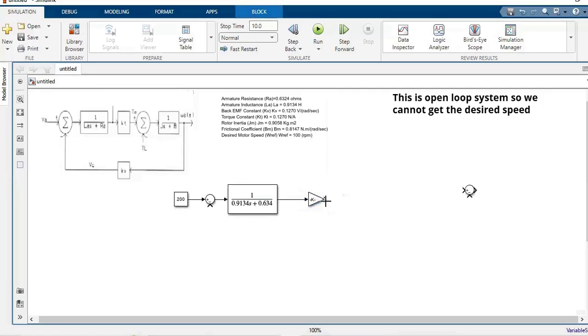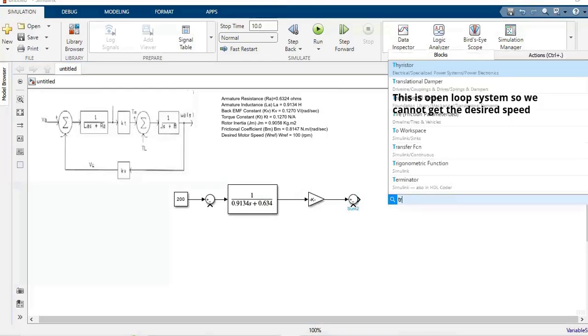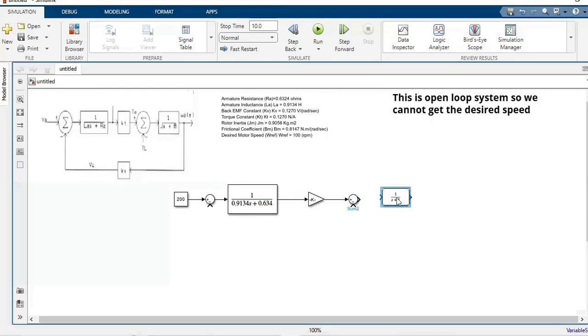And the output of this KT is given to another summing block. And we have again the transfer function of the mechanical system, which is represented as 1 divided by Js plus B. The value of J is given as 0.9058, and the B value is given as 0.8147.